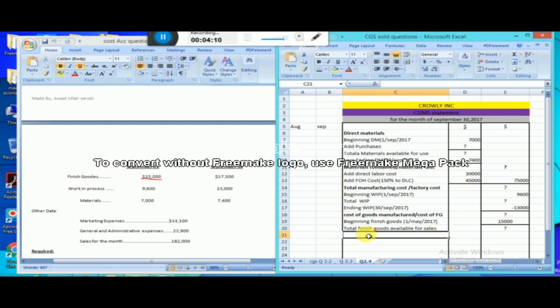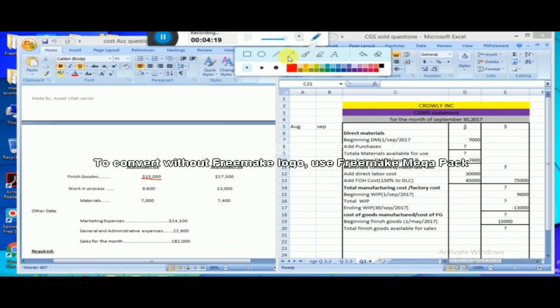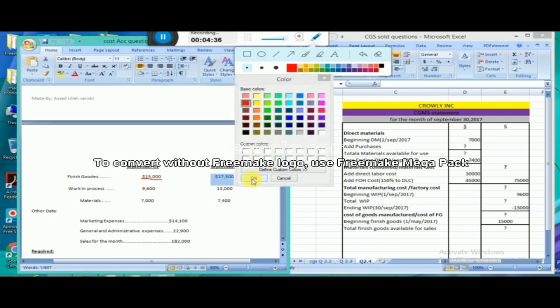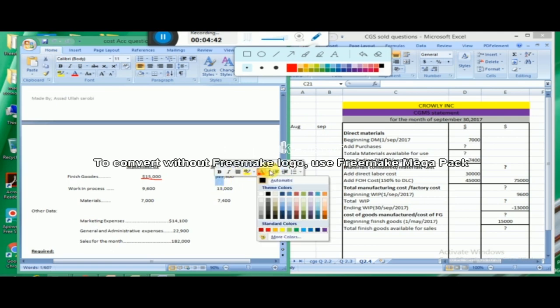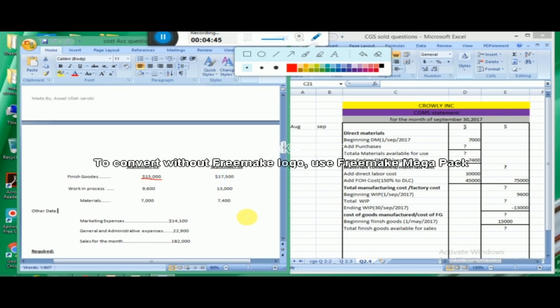Today is the end of September. When I check the warehouse record, some finished goods remain unsold. How much? 17,500. 17,500 finished goods are unsold. That is the remaining stock of the month of September. That will be sold out in the upcoming months.